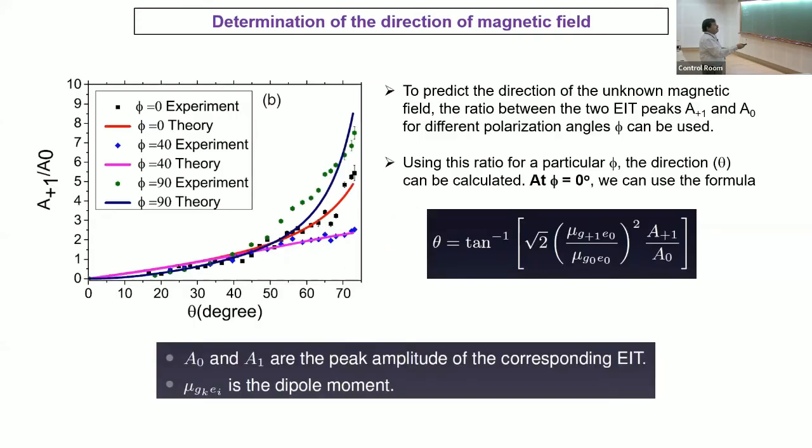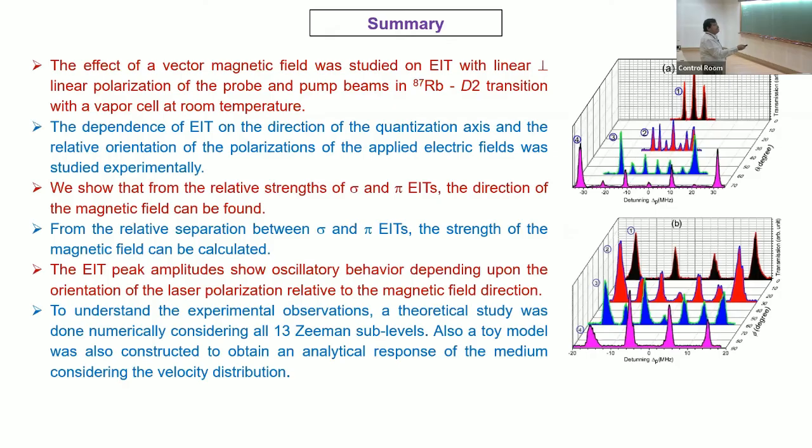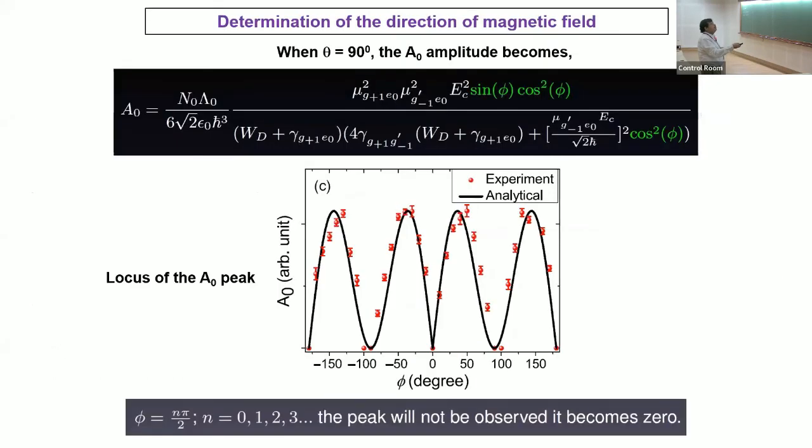The other thing you can see here is that when theta is equal to 90, there is also an oscillatory behavior of the A0 peak. That oscillatory behavior we can also find from this analytical expression. What it means is that at phi equal to n pi by 2, you will always get a 0.